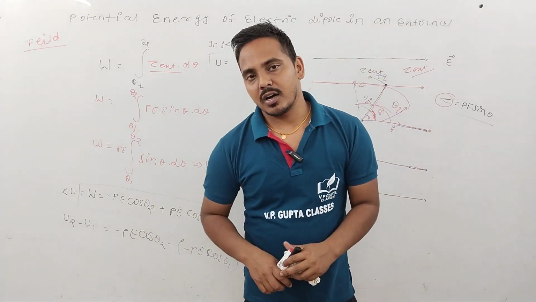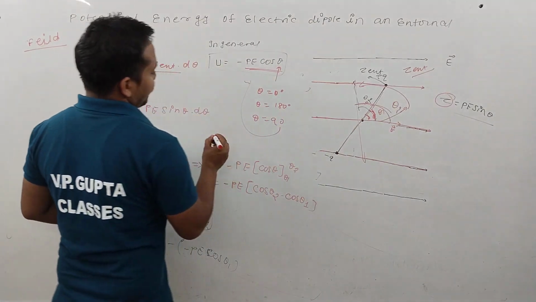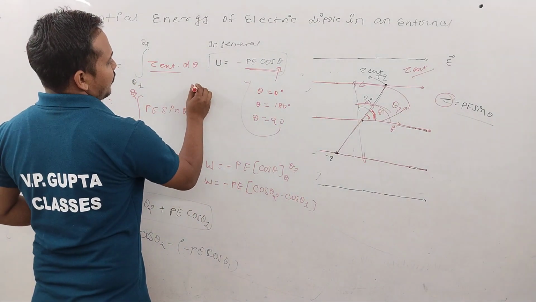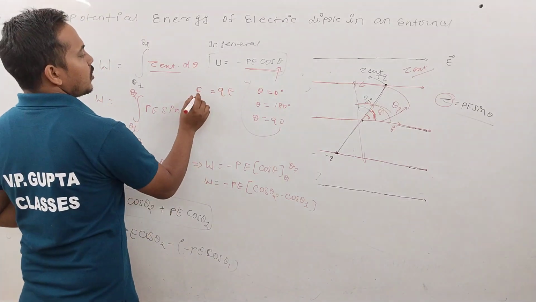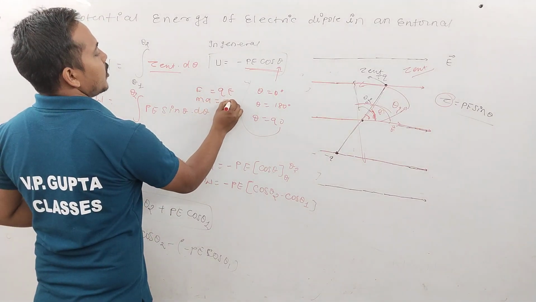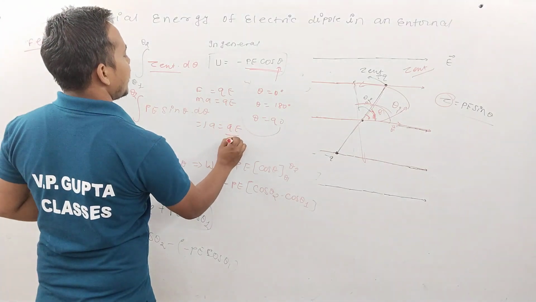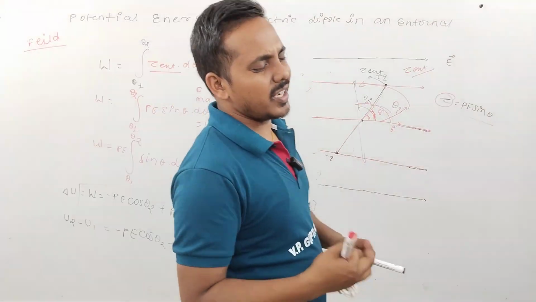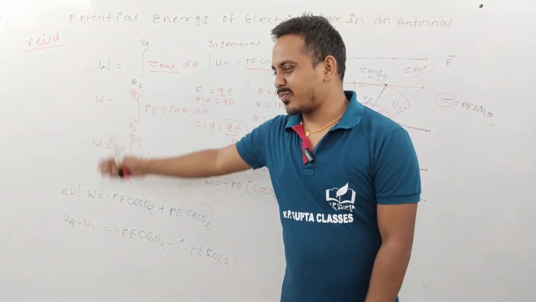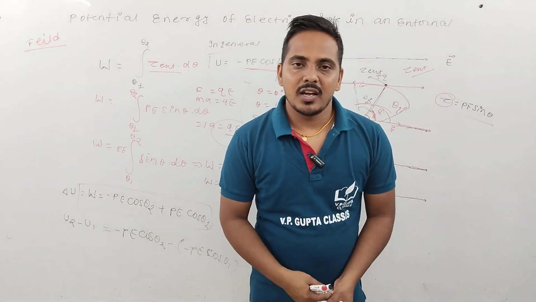That is, in the next classes we will find that F is equal to QE, which means F = ma = QE, which means a = QE/m. And in the next classes I will explain force, acceleration, and velocity.